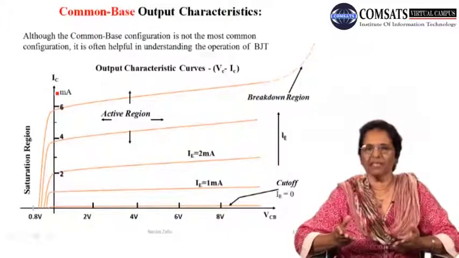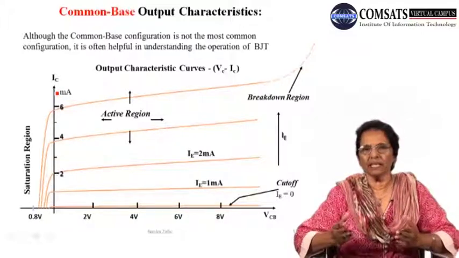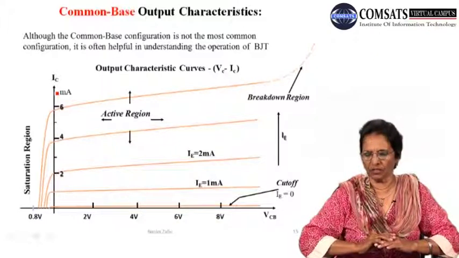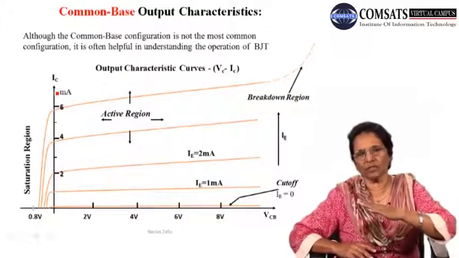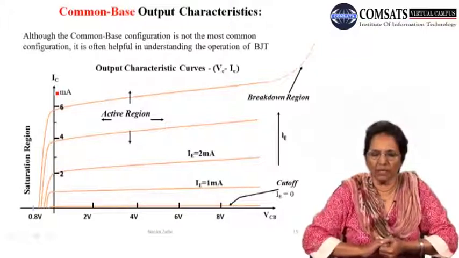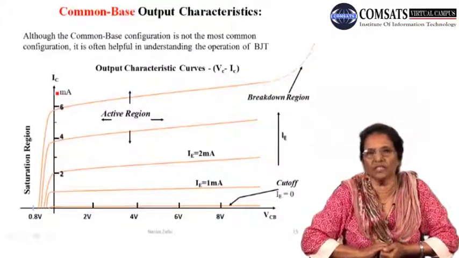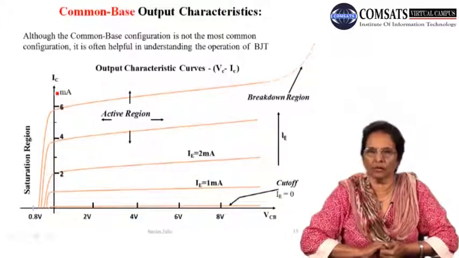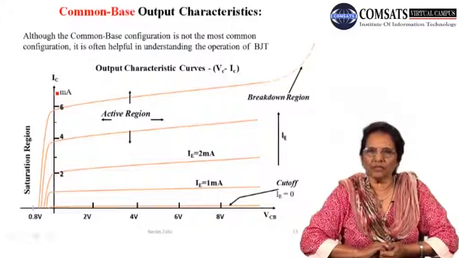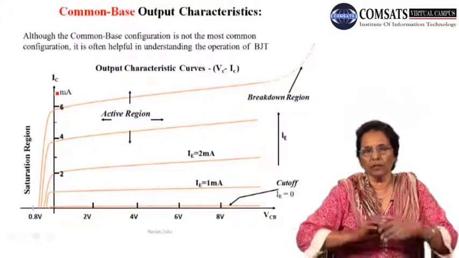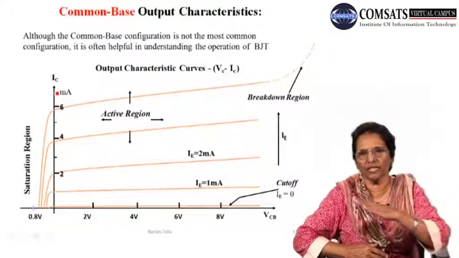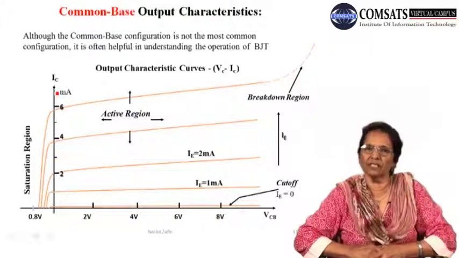लेकिन यहाँ आप क्या देख रहे हैं? यहाँ आप ये देख रहे हैं कि आपकी आउटपुट कर्व्स किसी भी फिक्स्ड वैल्यू ऑफ बेस करंट के लिए... सॉरी, इस केस में चूँकि हमने इसको कॉमन बेस कॉन्फ़िगरेशन लिया है, तो बजाय बेस करंट के अब आपकी इनपुट क्या होगी? एमिटर करंट होगी। तो किसी भी एमिटर करंट के लिए अब आपकी आउटपुट करंट IC की कर्व्स स्लाइटली स्लोप के साथ इंक्रीज कर रही हैं.